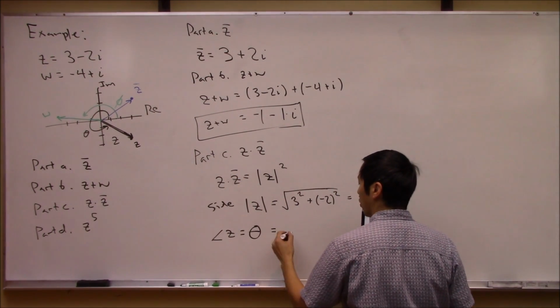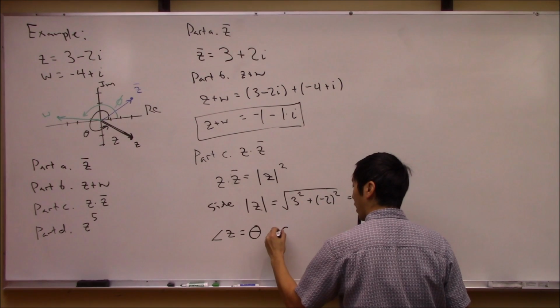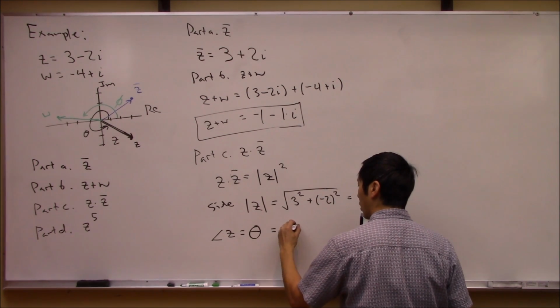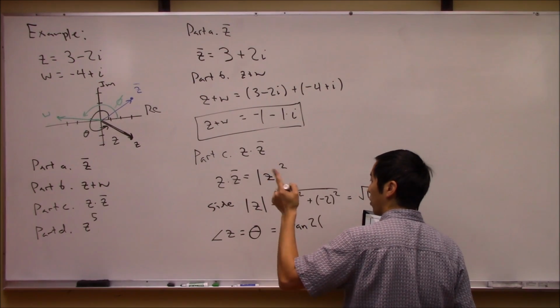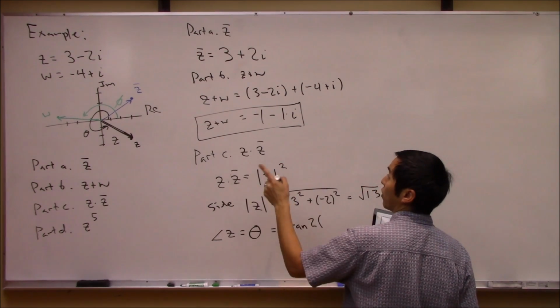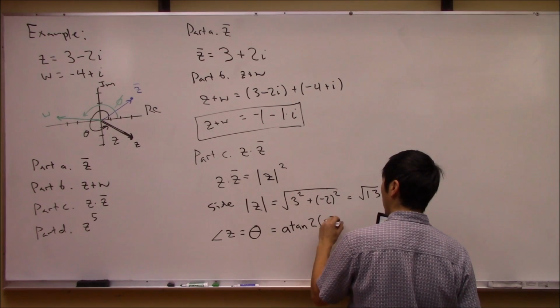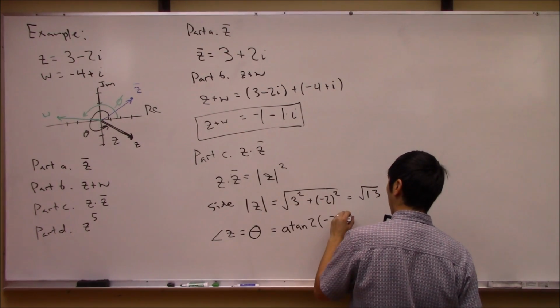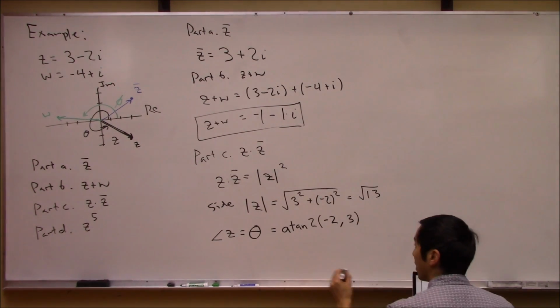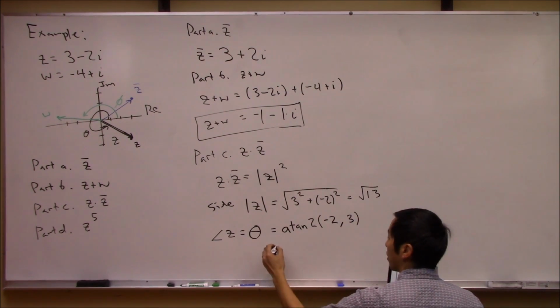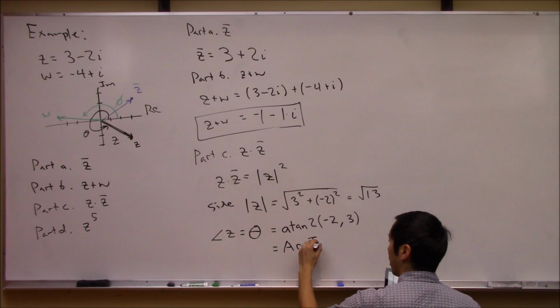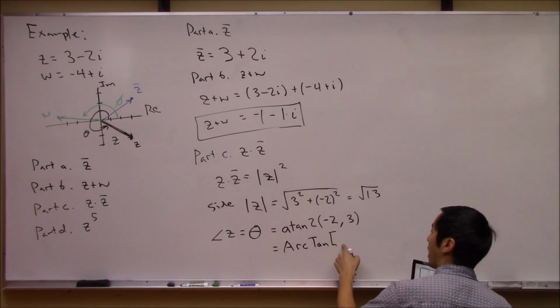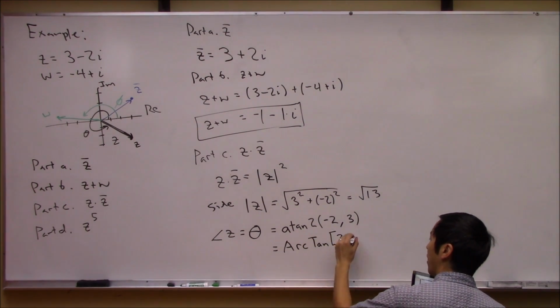Here's the place where we have to be a little careful. You either do this in Matlab with a four-quadrant atan2, where you give it the y component, the imaginary component, first. So in this case it would be negative 2, and then you give it the real component, 3. This is the same thing as if you had gone over to Mathematica and called ArcTan, but in Mathematica you have to give it the real component first, and then the imaginary.